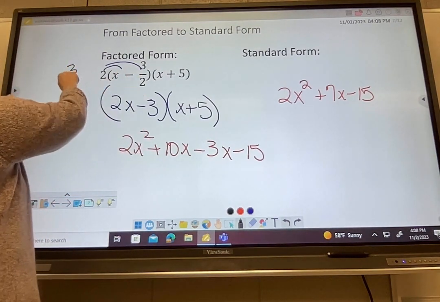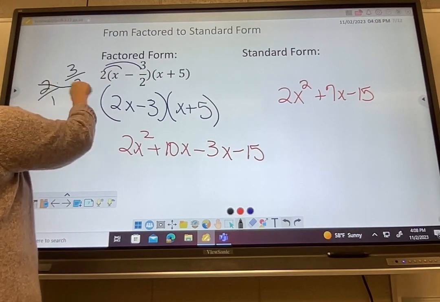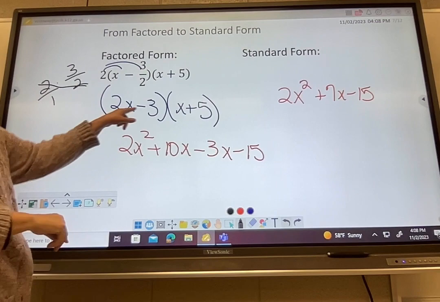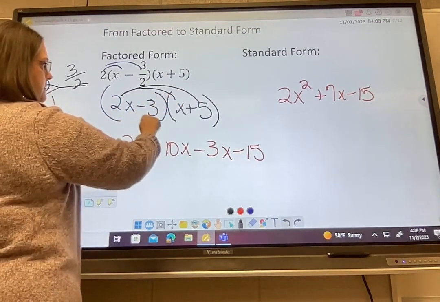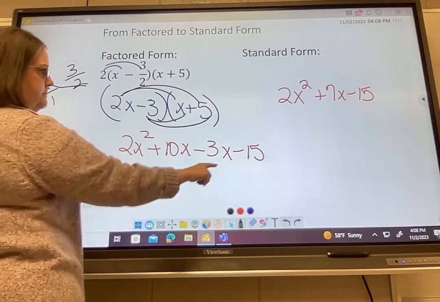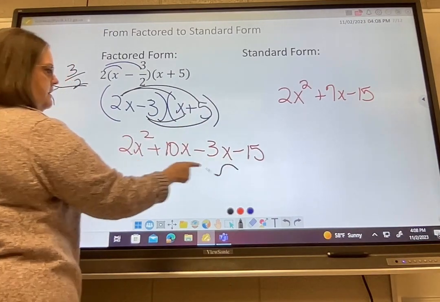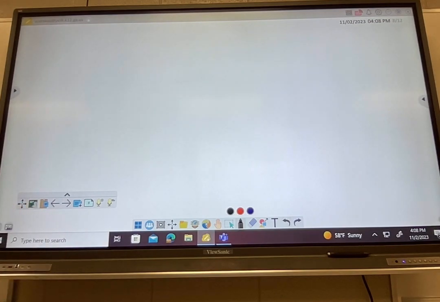And when you do 3 over 2 times 2, that's going to cancel out and become 3. So you have 2x minus 3. Then you do your multiplying. You get 2x squared plus 10x minus 3x minus 15. These two are like, and that is 2x squared plus 7x minus 15 for that one. Okay?